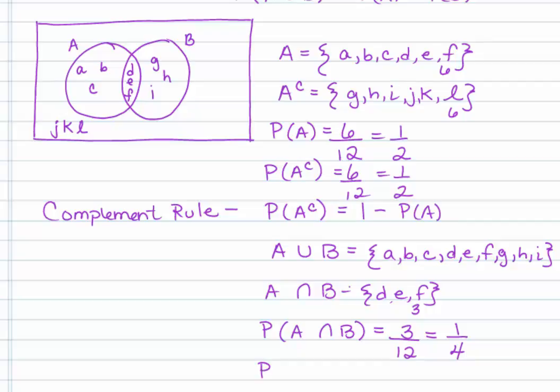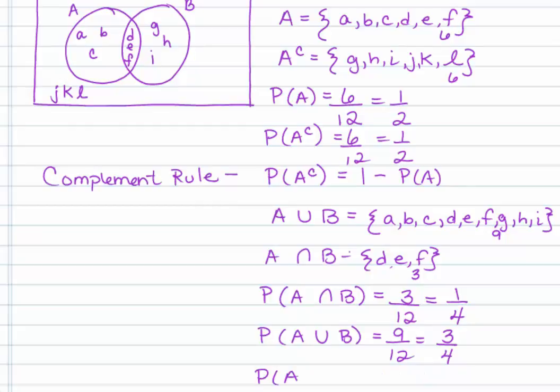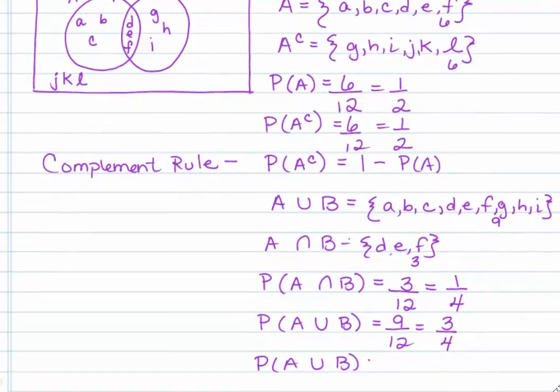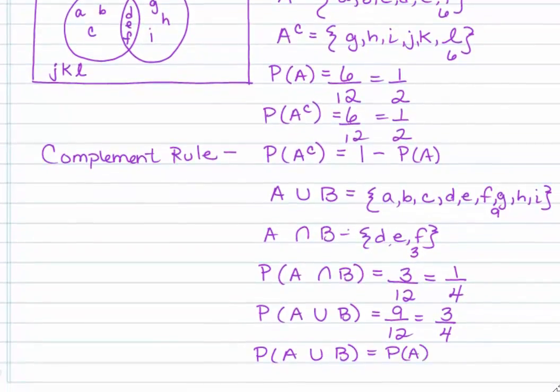The probability of getting A or B is there are 9 up here out of the 12, which is 3/4. The probability of getting an A was 6 over 12. The probability of getting a B would be the same thing, 6 over 12.